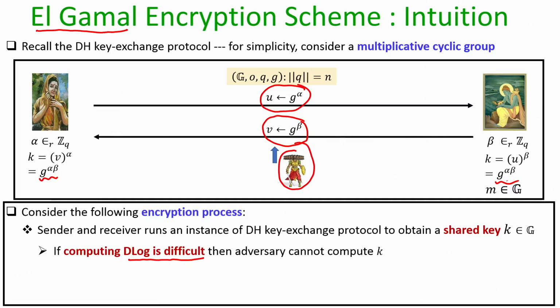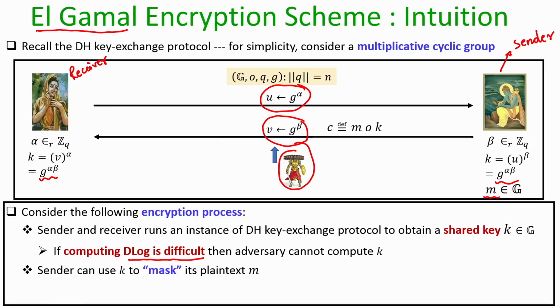Then I can use the same key k for encrypting the message. So, for instance, if Sita is the receiver and Ram is the sender, and if the sender has a plain text M, and again imagine that it is an element of the group G over which all the operations are performed, then what the sender can do is the following: it can use the key k, namely g to the power alpha beta, for masking the message, right.